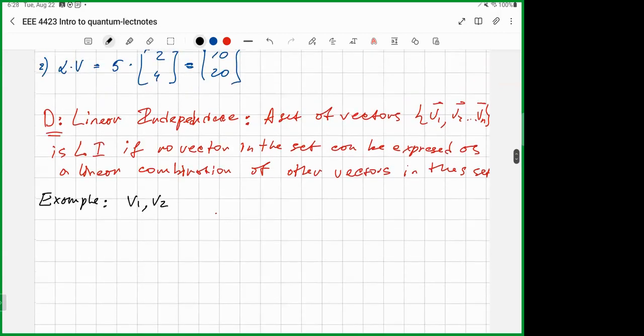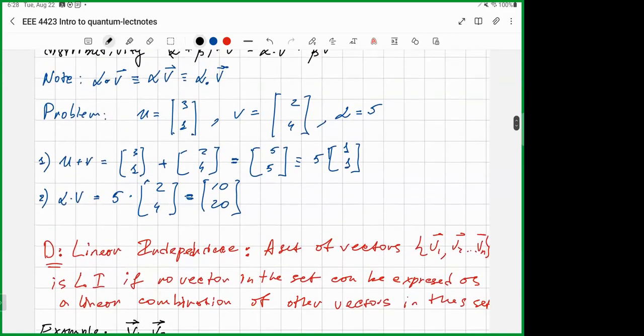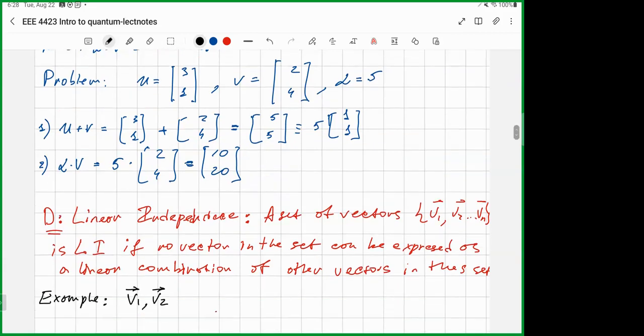By the way, when I'm talking about vectors, sometimes I draw this arrow on top, denoting specifically that this is a vector. Sometimes, especially when we write or describe the vector as a column or row of numbers, there is no need to put this arrow because we explicitly write the components of the vector.